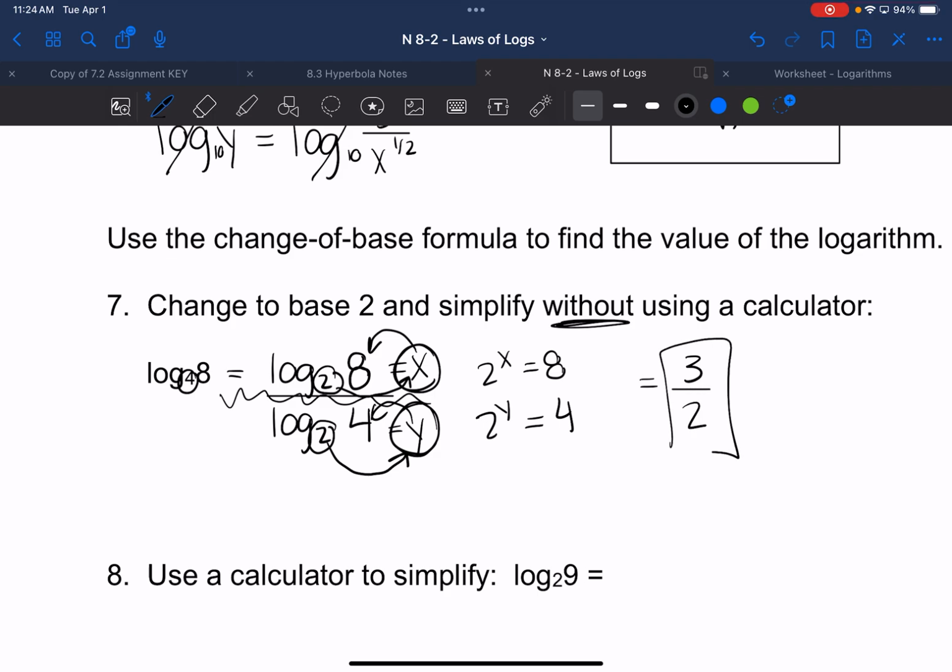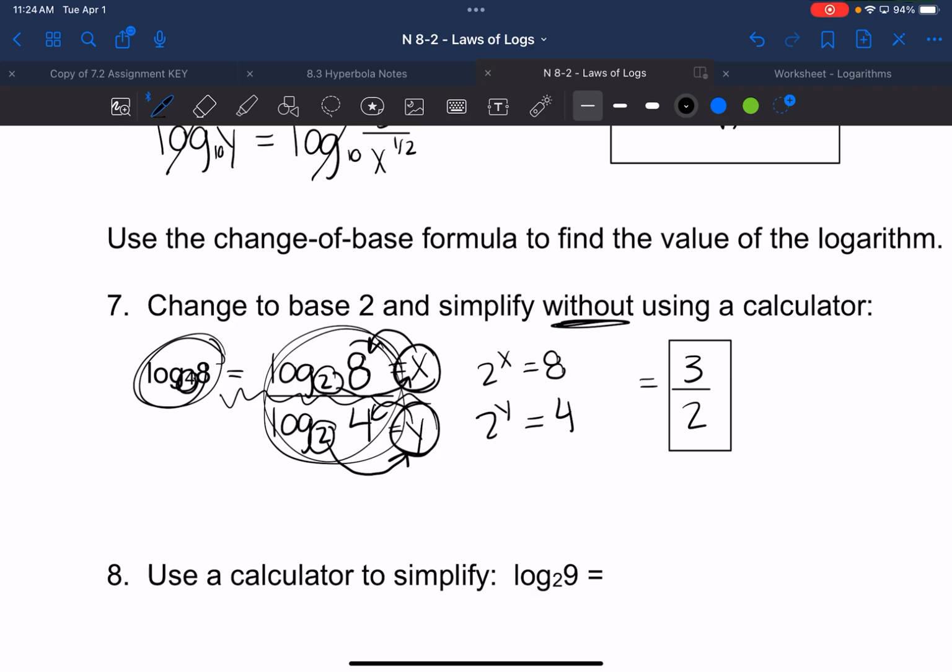So this ends up simplifying down to 3 over 2. Okay? Does changing the base, does that change the value too? Or does it just change how you solve it? No, this is equivalent to this. Okay. That's why we had to turn it into a fraction, because I can't just change the base out of the blue, right? I couldn't just change it to a 2. But this formula makes it equivalent to what we started with. You can change it to whatever, as long as you use that formula.